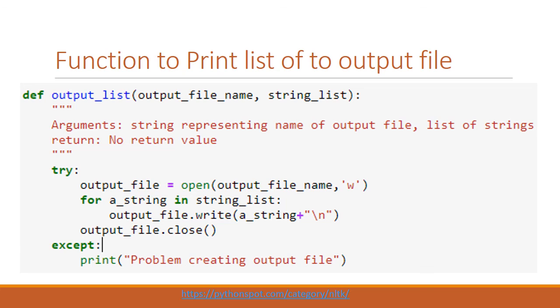Notice that we append a \n, which is a new line feed, to the end of our string to guarantee that these strings will be printed one line at a time. When we've processed our entire list, we close our file. We use our try except block just to ensure that if we're not able to open our output file, we can print an error message to our user.